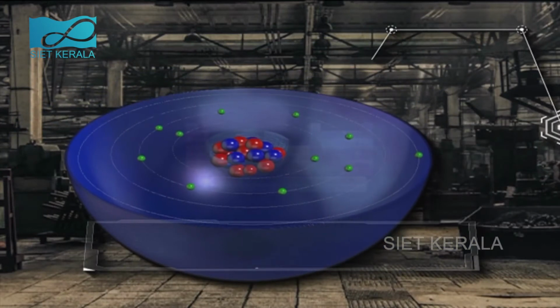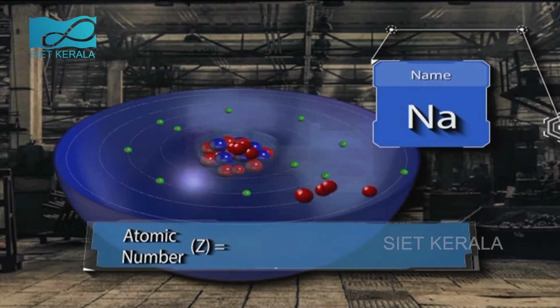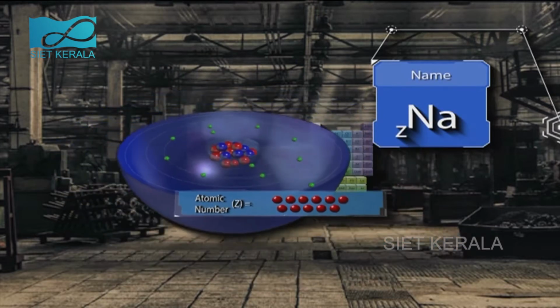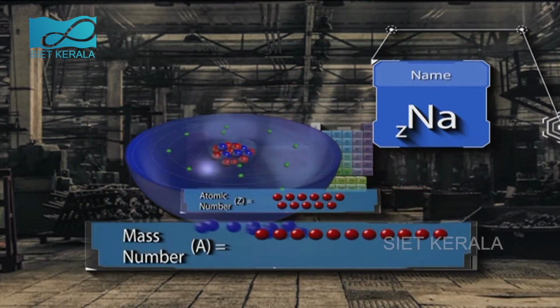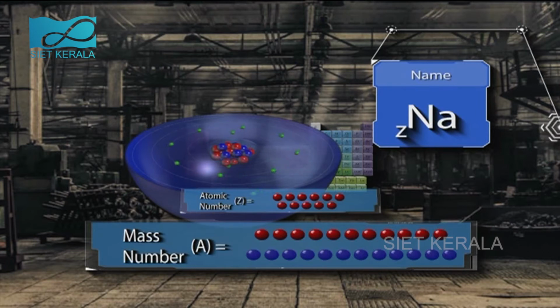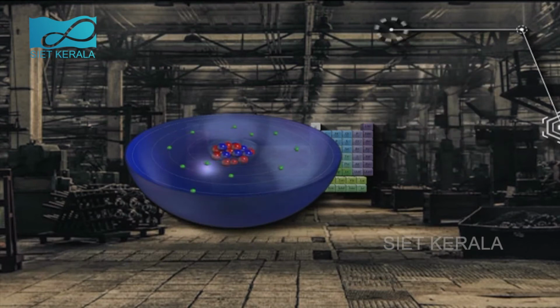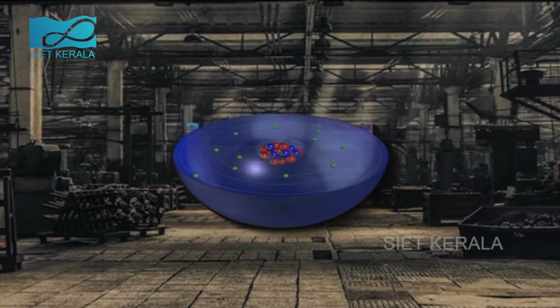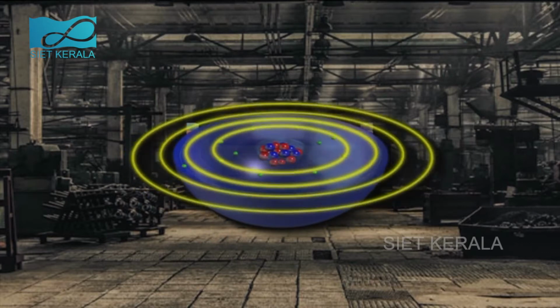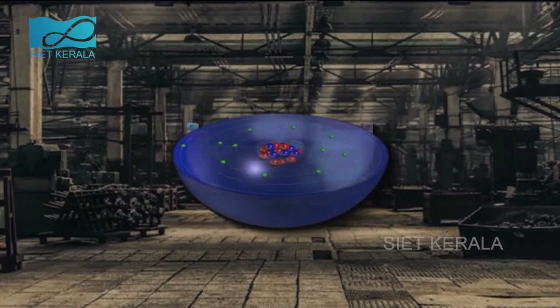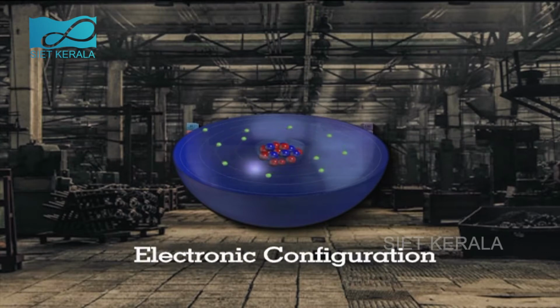The number of protons in an atom is called the atomic number, represented by Z, while the sum of protons and neutrons is called its mass number, A. Besides protons and neutrons, there are negatively charged particles, called electrons, which revolve around the nucleus in various shells, or orbits. This arrangement of electrons around the nucleus of an atom in various orbits is called electronic configuration.